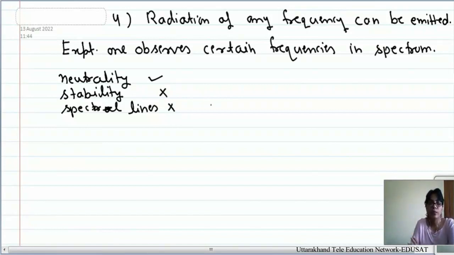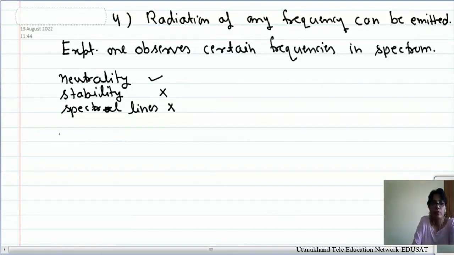If you get questions asking the drawbacks of the Rutherford model, or why the Rutherford model is not successful in explaining all the experimental observations, then you have to write down all these points.